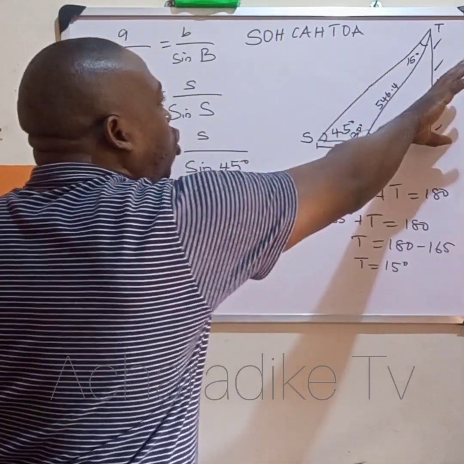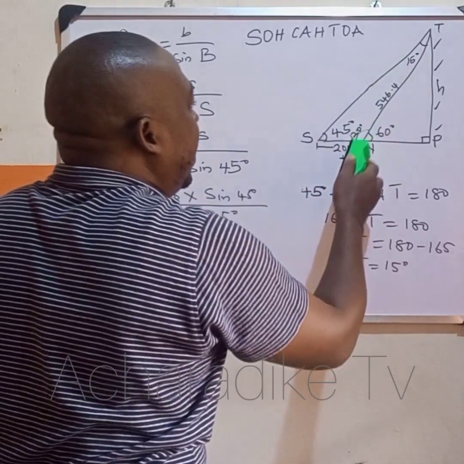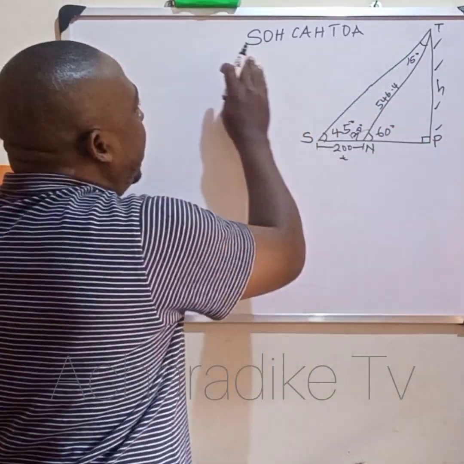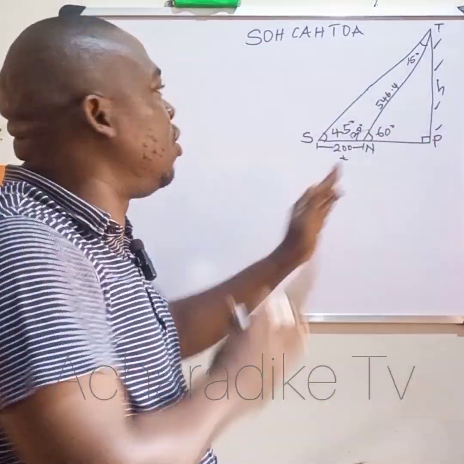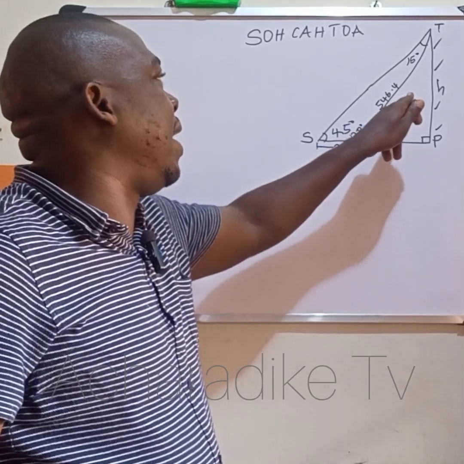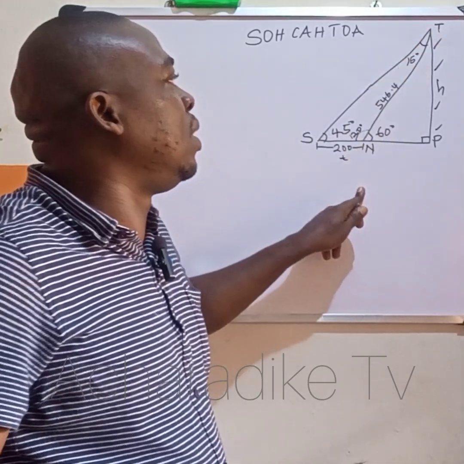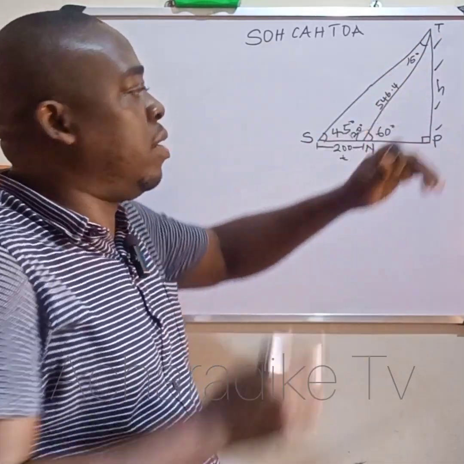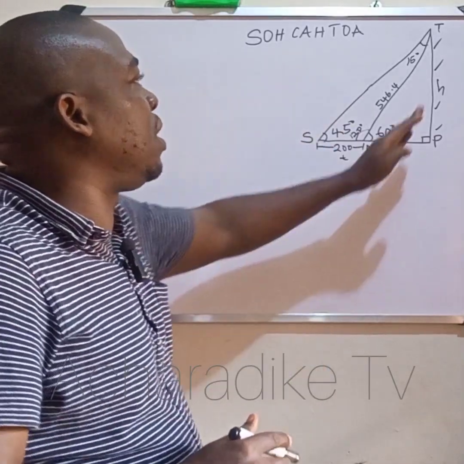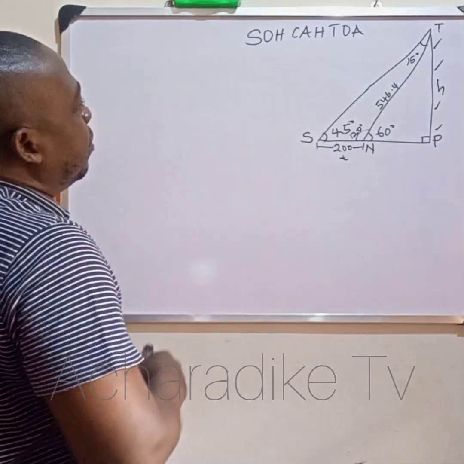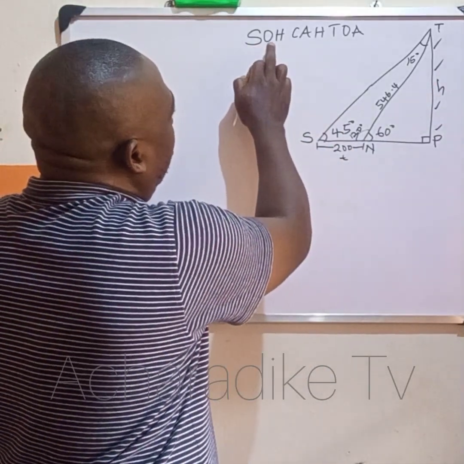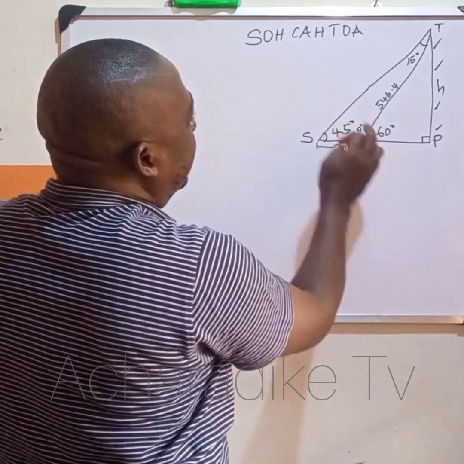Our interest now goes to the triangle TNP. We have applied the sine rule to get this side TN. Now we're going to apply SOHCAHTOA to know which of them will give us our h. Now, sine theta is equal to opposite over hypotenuse.